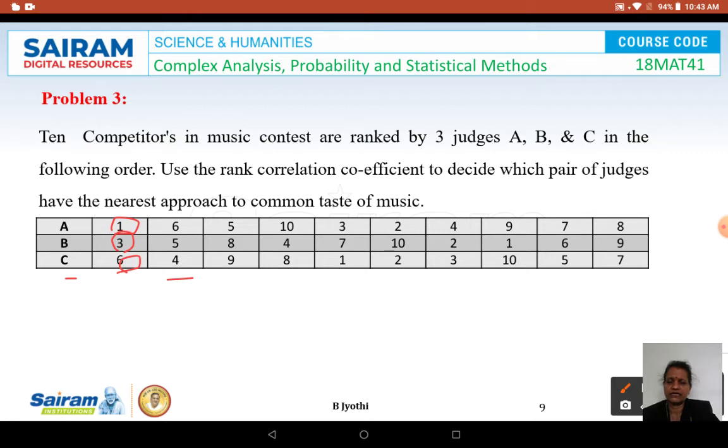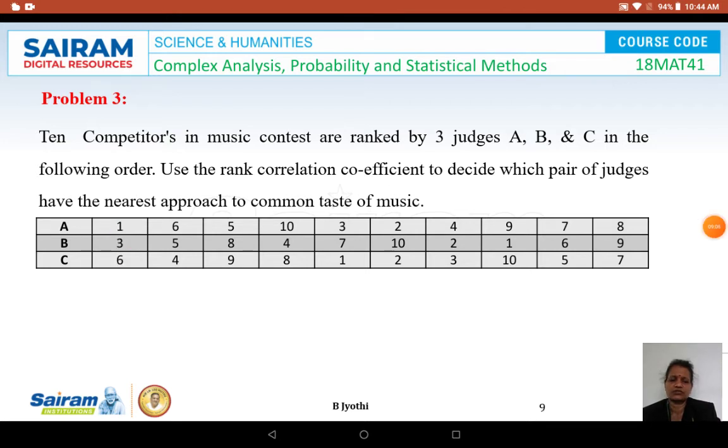For the second candidate, the ranks given by A, B, C are 6, 5 and 4. Whereas for the third candidate, 5, 8 and 9. And for the fourth candidate, it is 10, 4 and 8 and so on. So this is the tabulation that has been given, that is ranks given by 3 judges for various contestants for music.